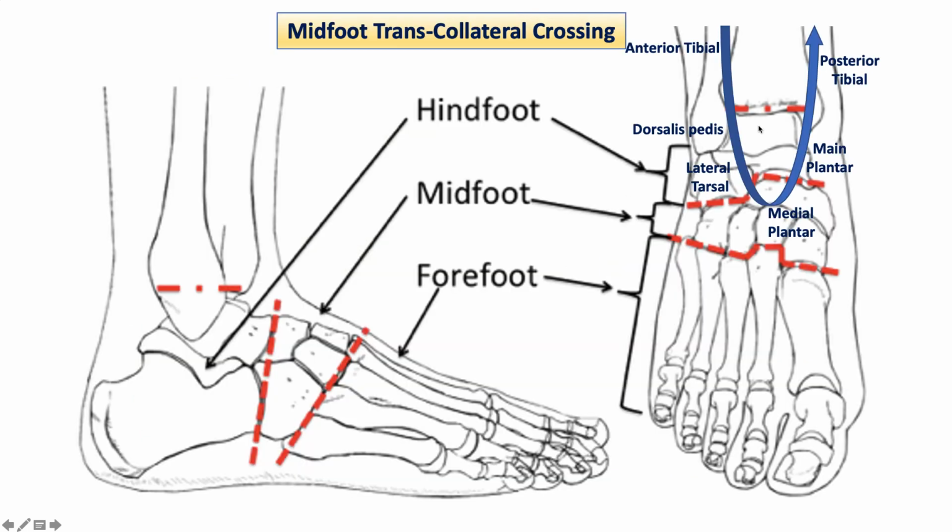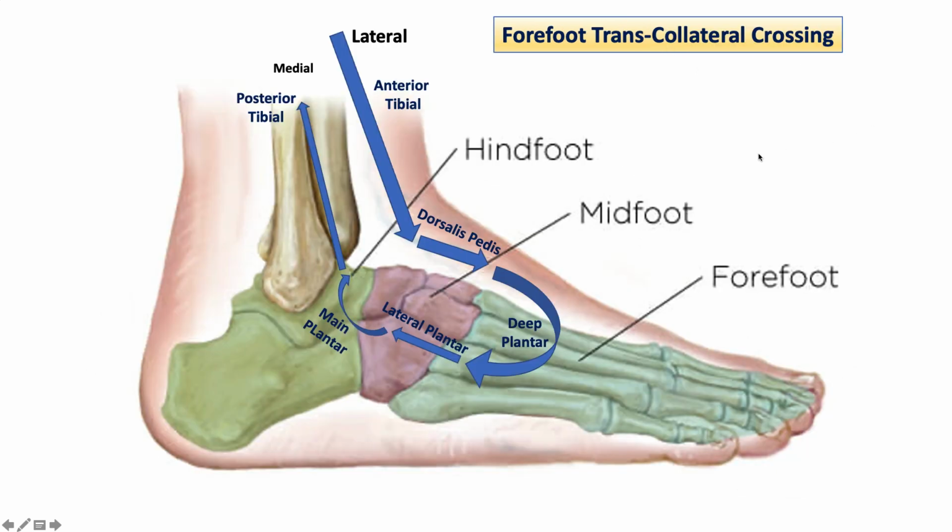This is the AP projection of the previous course, again going from lateral to medial through the dorsalis pedis artery, lateral tarsal branch, medial plantar branch, sometimes lateral plantar branch, back into the main plantar and posterior tibial artery. Of course, this course can be reciprocal from the posterior to the anterior tibial artery.